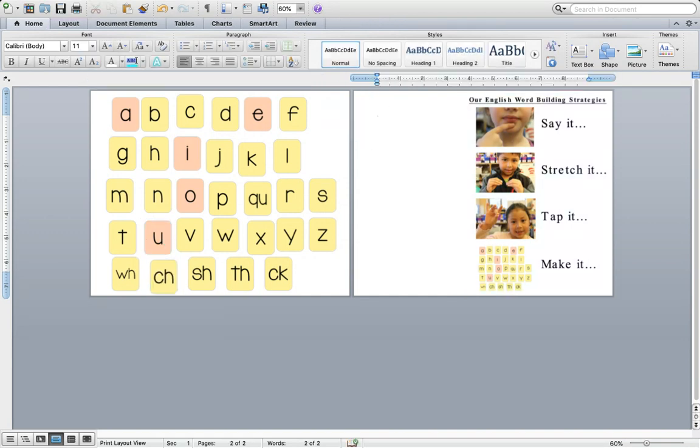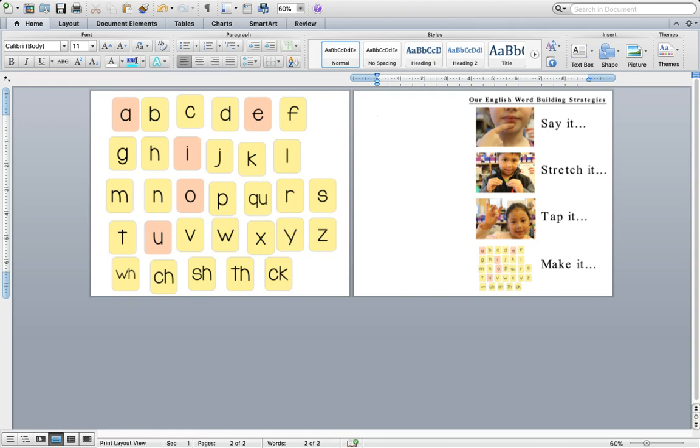Okay, the next word that we're going to make is the word ship. And yes, there is a digraph. Let's say ship. Let's stretch it. Ship. Let's stretch it for the vowel. Itch, itch. Let's tap it.